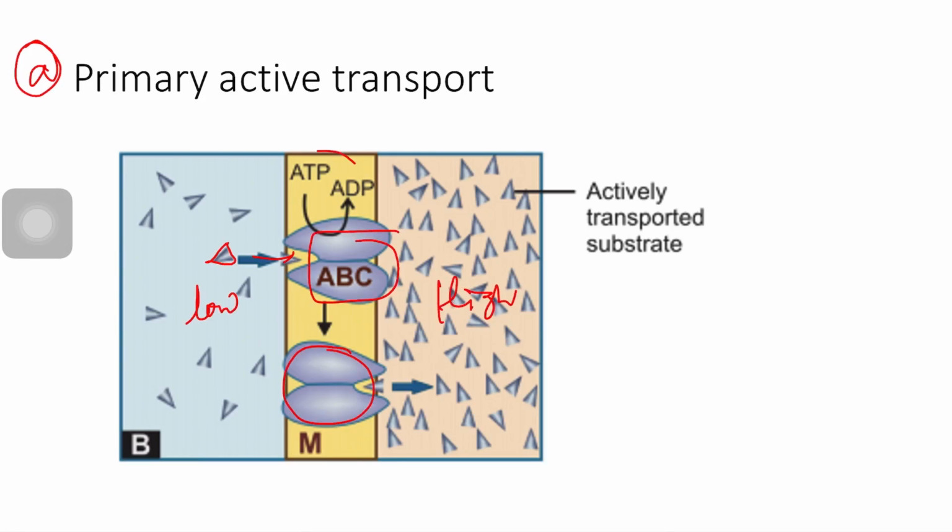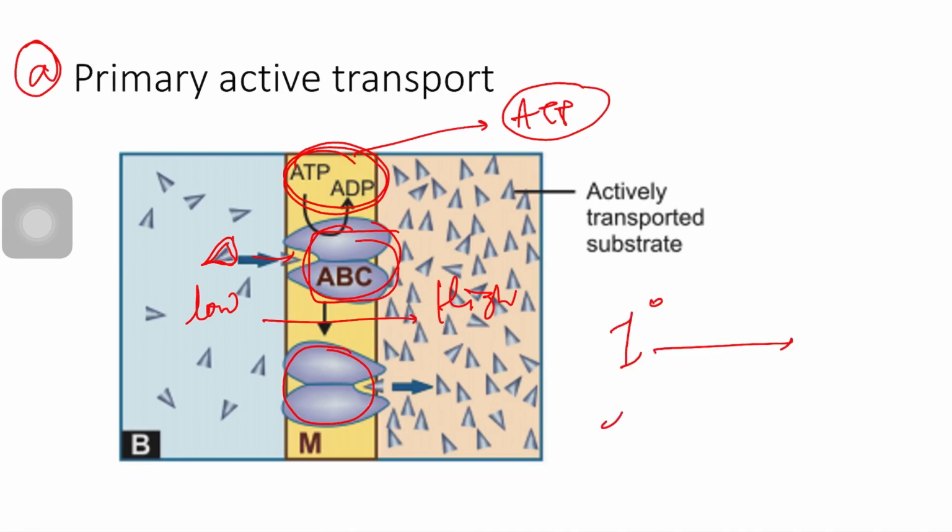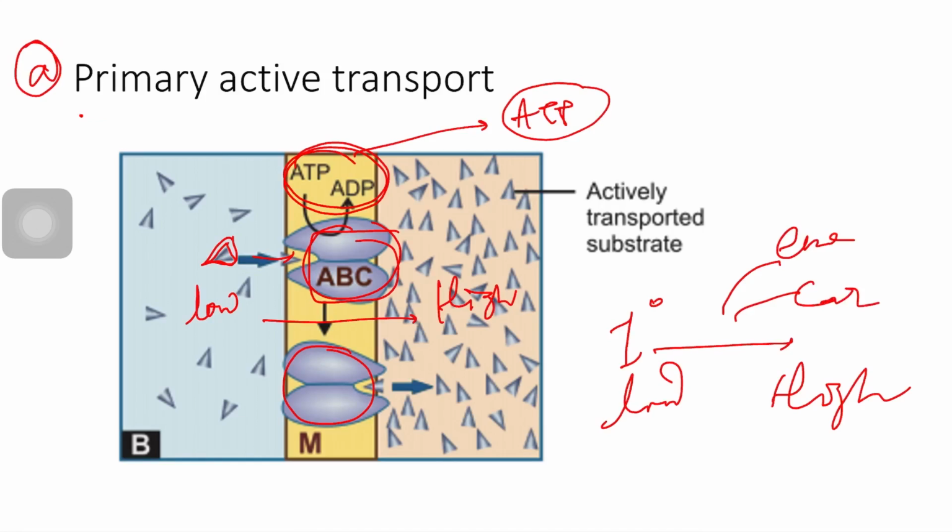But here energy is needed, and energy is produced with the help of ATP breakdown. So ATP creates energy, and the carrier helps the molecule go across the concentration gradient. Simple: only one molecule goes from lower to higher concentration, and it needs energy and a carrier. So this is primary active transport.